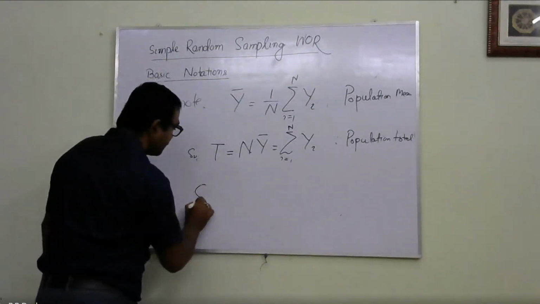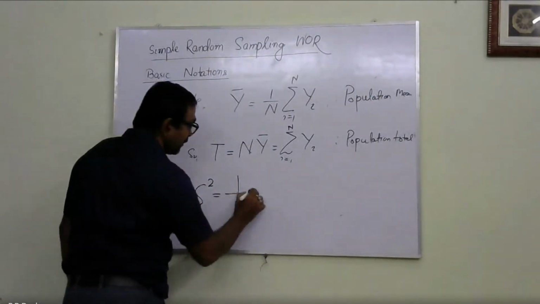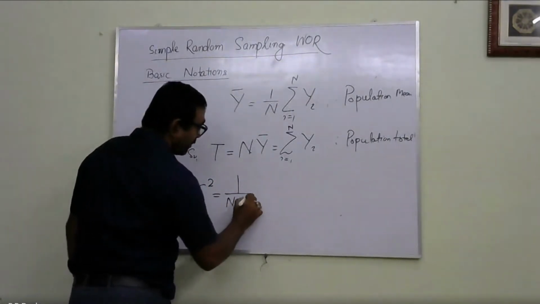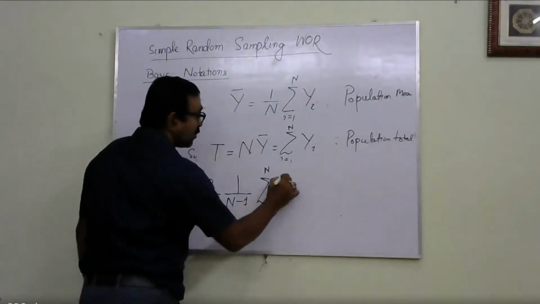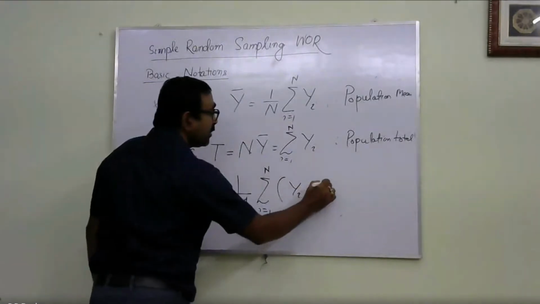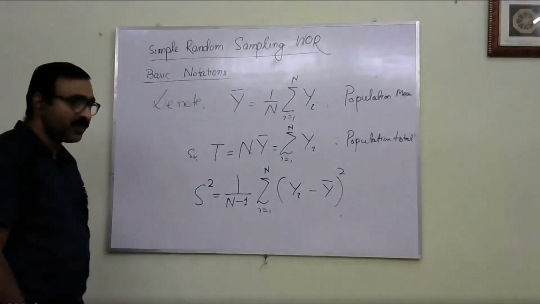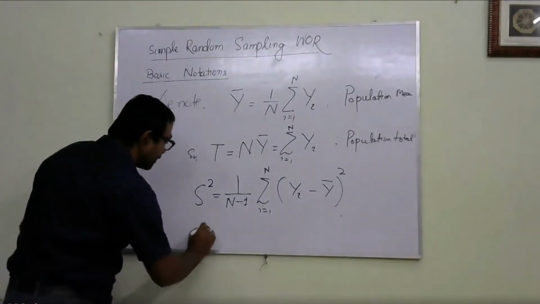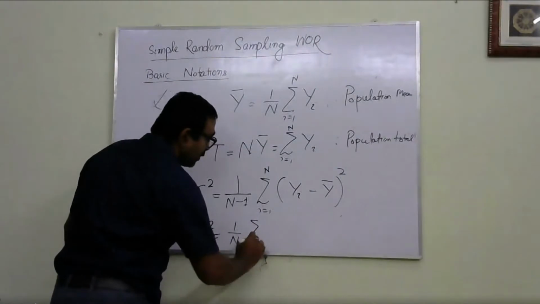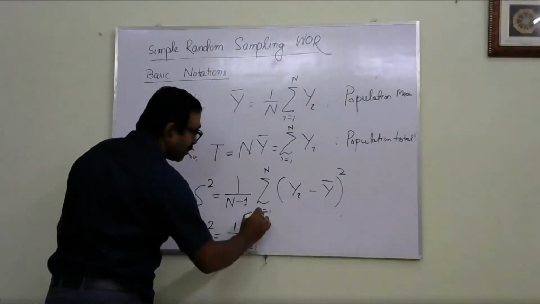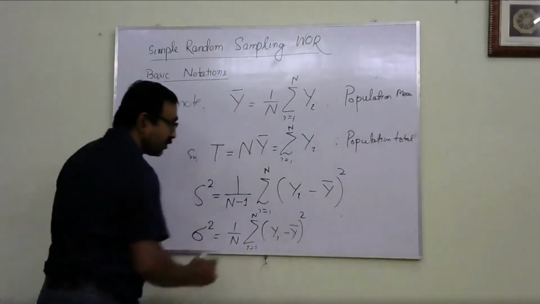Now we define S square as the population mean square, that is equal to 1 by N minus 1 summation i equal to 1 to N, Yi minus Y bar whole square, and the population variance sigma square equal to 1 by N summation i equal to 1 to N, Yi minus Y bar whole square.